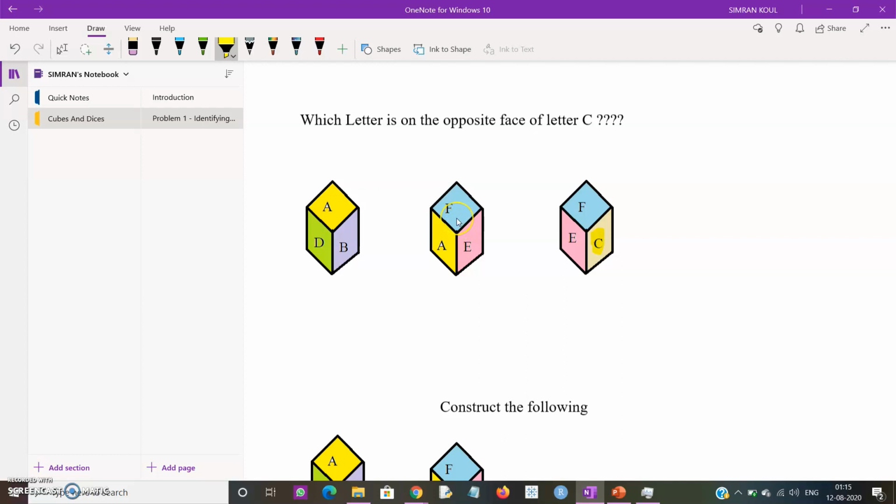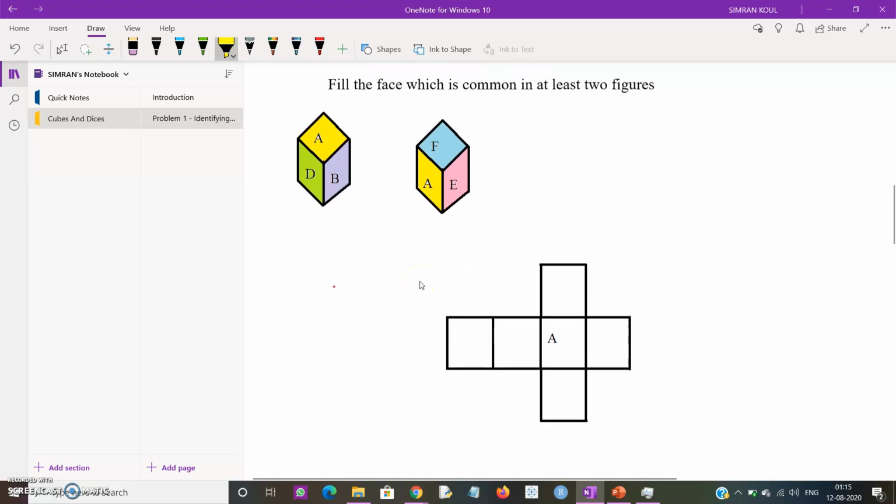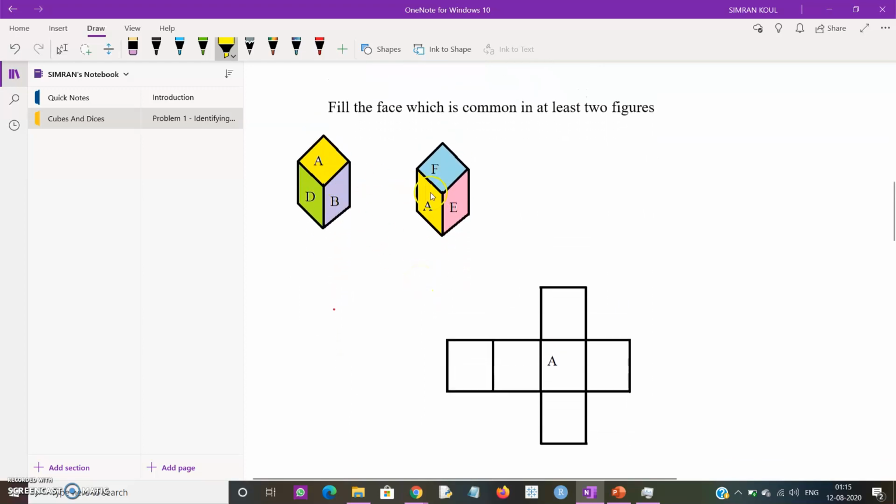Also F as a common face in figure 2 and figure 3. So you can proceed by choosing face A, E or F. I'll proceed by choosing face A, which is common in figure 1 and figure 2. Locate A at the third square from the left side, that is here.